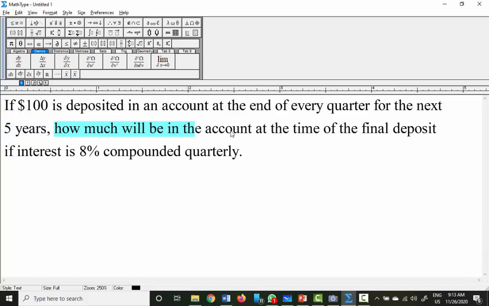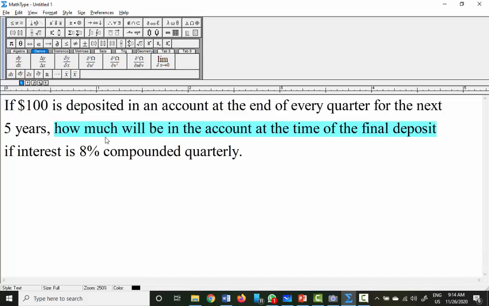The question asks how much will be in the account at the time of the final deposit. That final deposit will be made after 5 years.